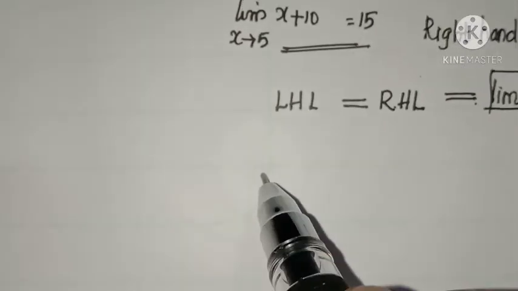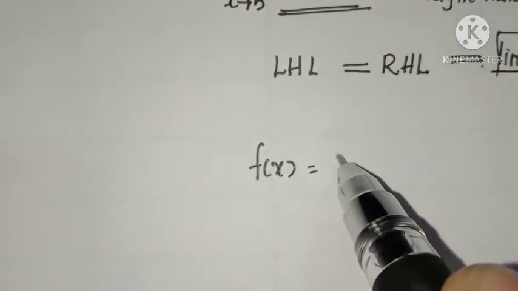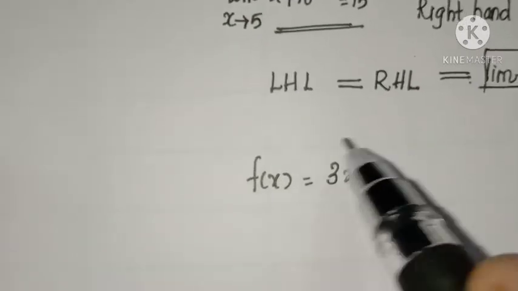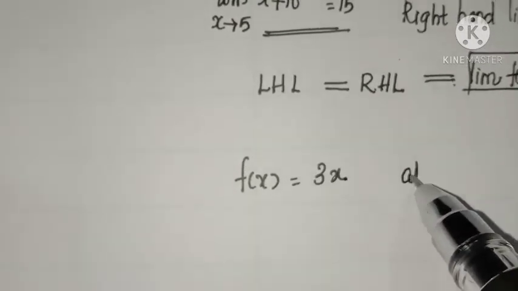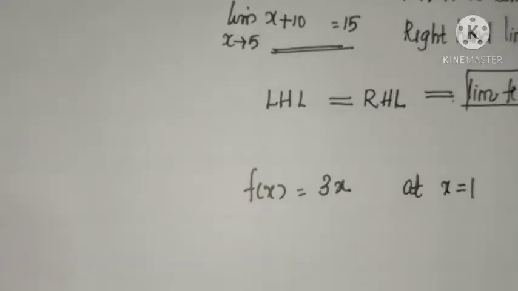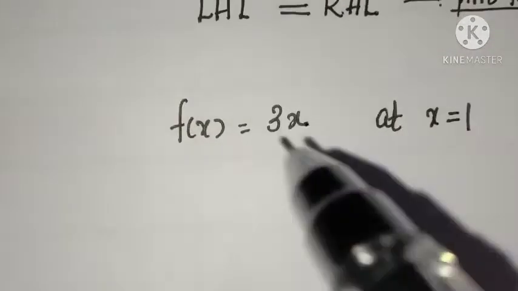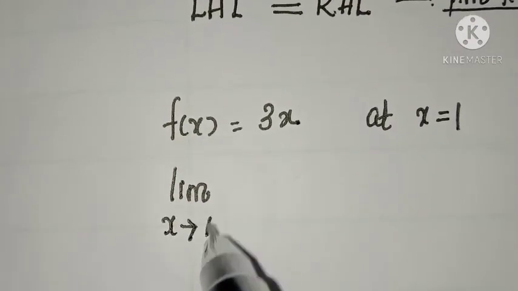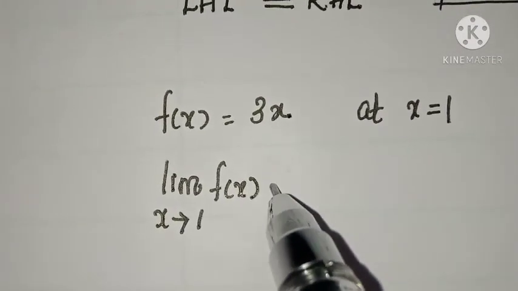Suppose we have another function f of x equal to 3x, and we need to find the limit of the function at x equal to 1. So first we have to find limit x tends to 1 f of x.